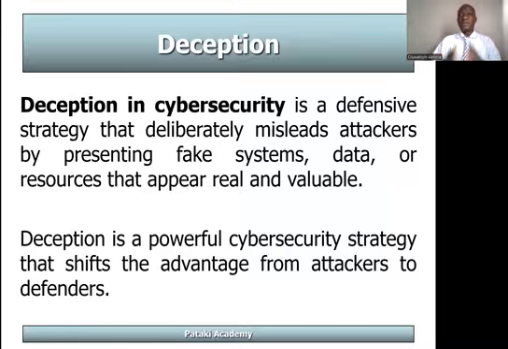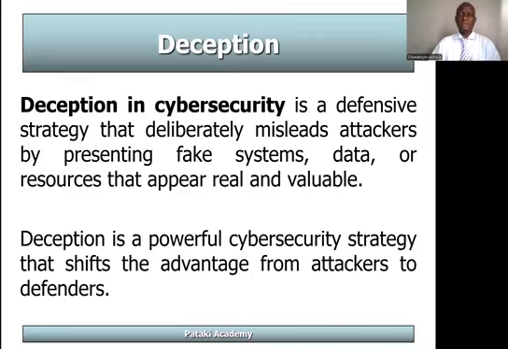They are not really your data. They are not really your server. It is just a deception, fake data, a fake server elsewhere, that misleads the attackers from performing their activities on your real data.